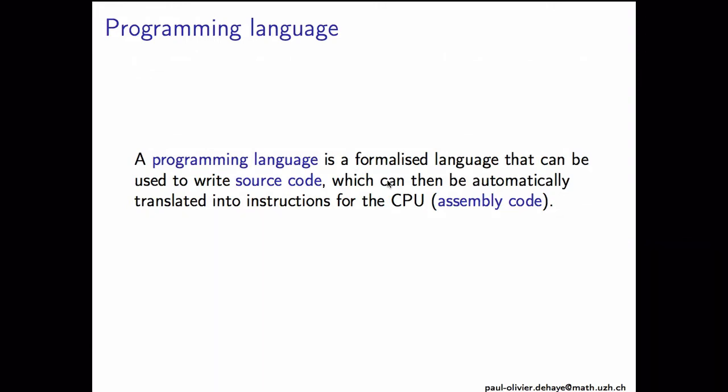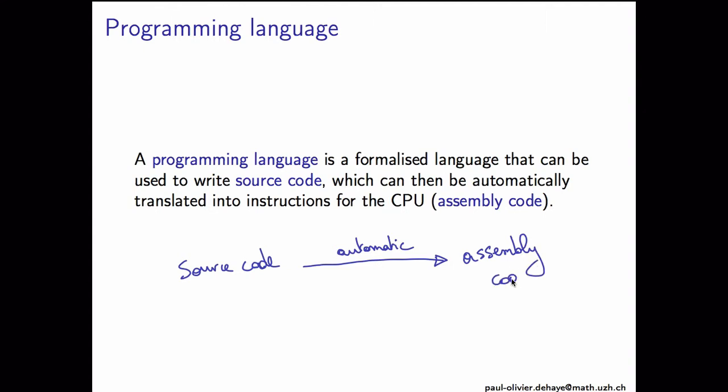Let's draw a little diagram to represent this, because this diagram will be useful later. So if I had here my programming language source code, the point is that there would be an automatic translation to assembly code. And if you want, on the left-hand side is language that is closer to human language, or at least that humans have an easier time to read, while on this side is language that's really meant only for the CPU and that no human can really read.